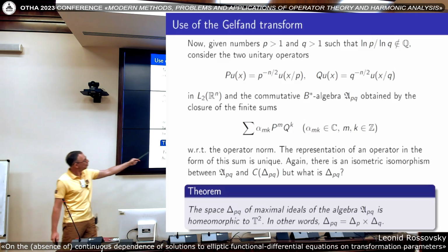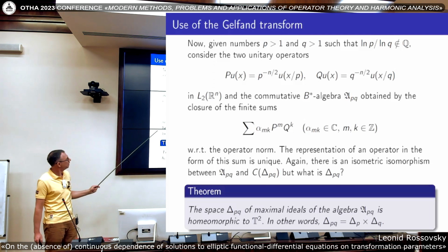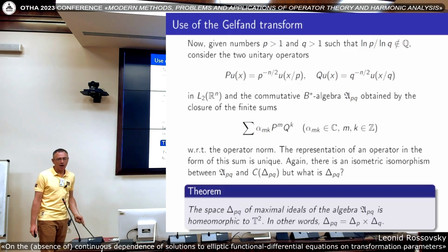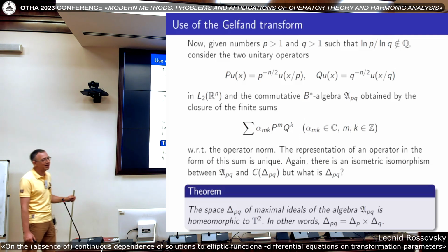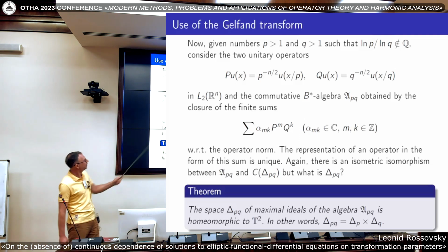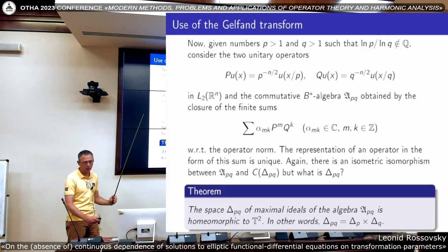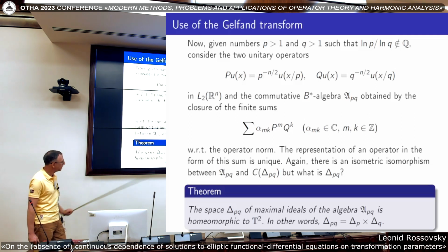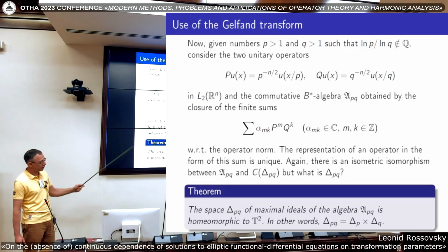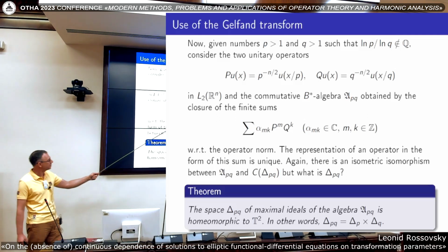The representation of an operator in the form of the sum is unique. And the key point is that we can estimate the norm of this operator from below by its coefficients. This is the key point, which helps us to answer the question.